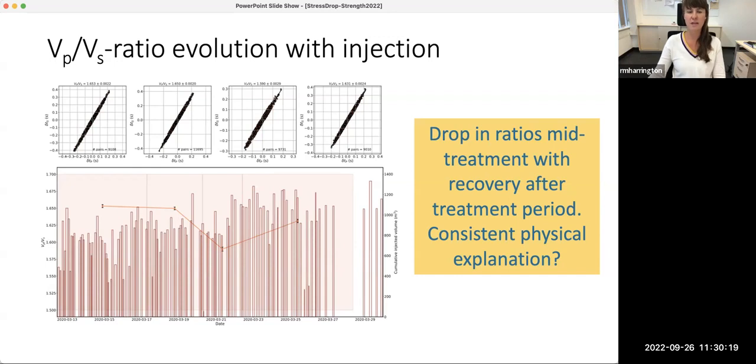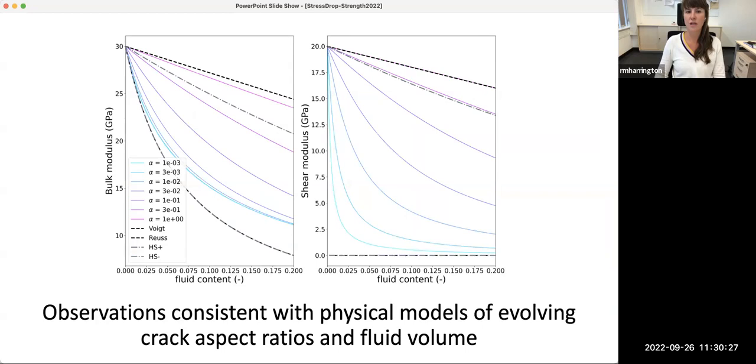So we said, okay, there's this recovery, and we don't really know how to explain it. Can we come up with a rock physical model to try and explain that? So we followed this idea that within our rock volume we have randomly distributed cracks with various aspect ratios, and that our fluid volume content could range anywhere between 0 and 20%.